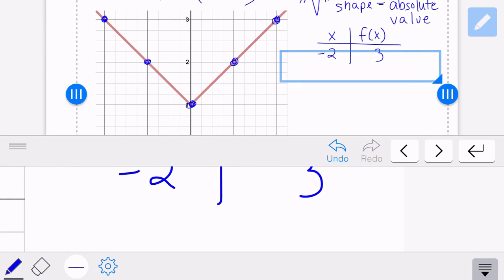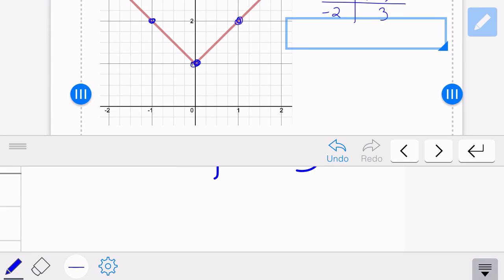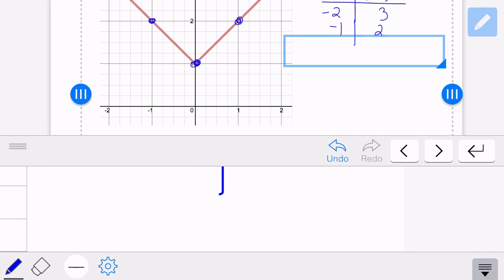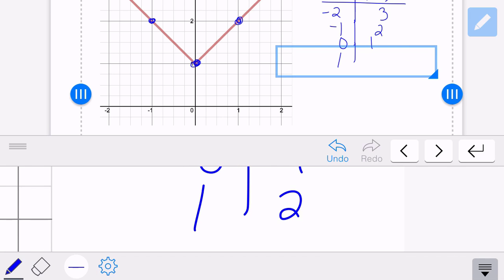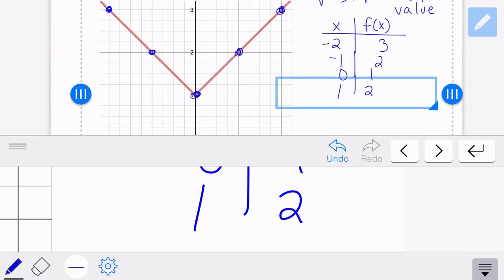Then we've got -1, +2, 0, 1, 1, 2, and last but not least we had 2, 3.